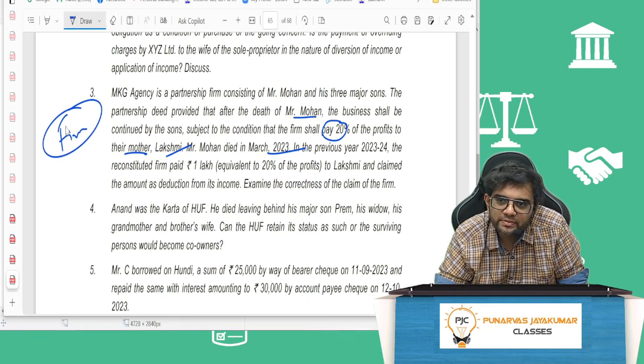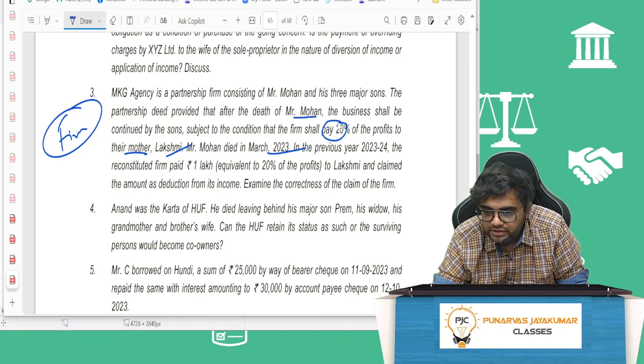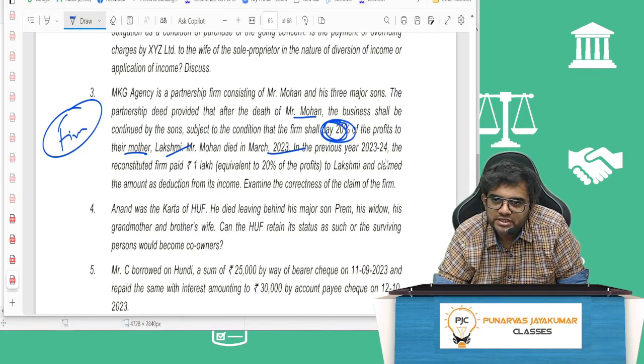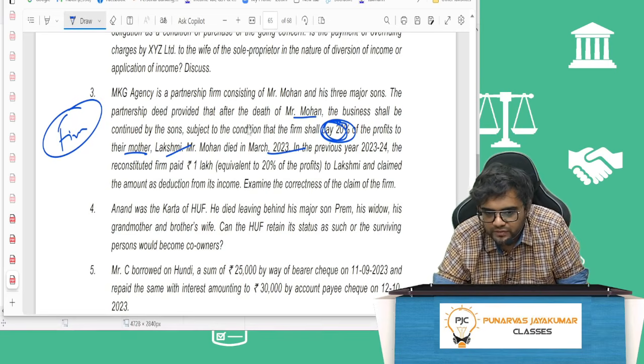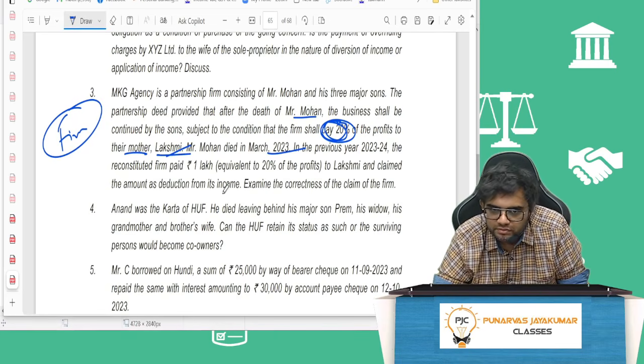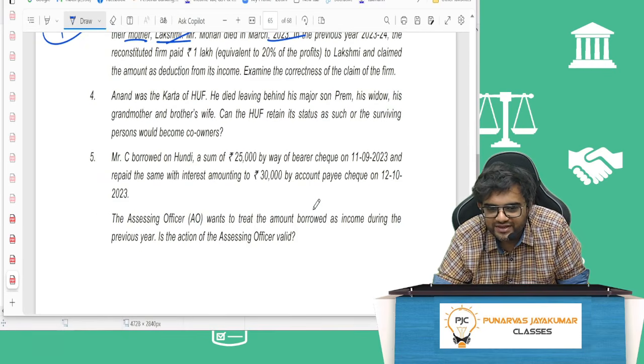For the firm, is it applicable or not applicable? Not applicable is what they're saying. Not on this 20%. That is exempt, which means the partner, the legal heir, should pay. That Lakshmi. Lakshmi madam will lose. That's all. Right? Simple. Fourth one.